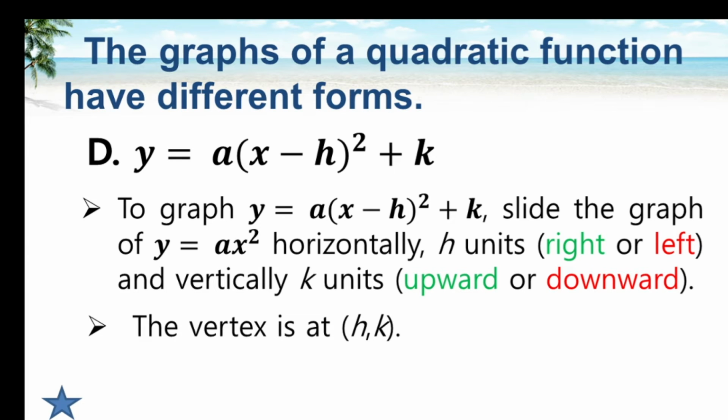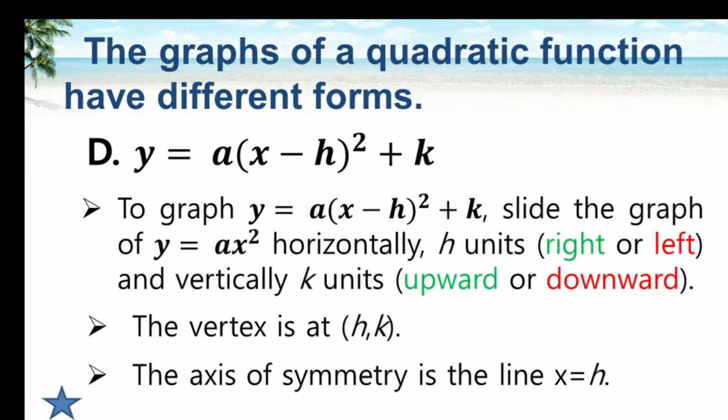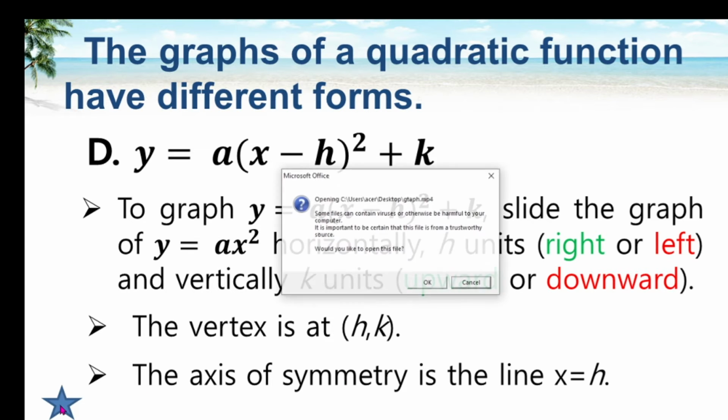The vertex is at (h, k), while the axis of symmetry is the line x = h. For more examples, kindly watch a short clip.